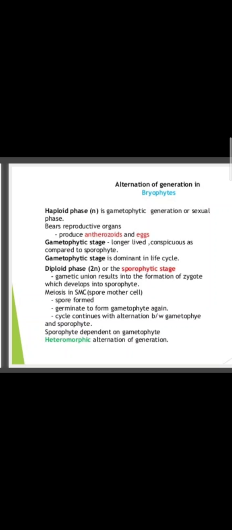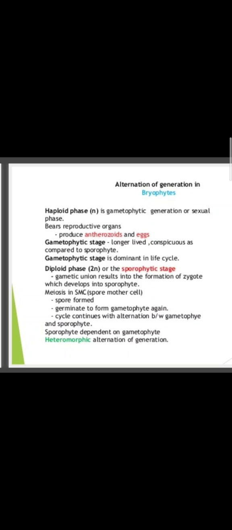The sporophytic plant body or spore mother cells will divide by meiosis. Meiosis results in the formation of spores, and these spores will then form gametophyte again. So, it is a type of alternation of generation in which both plant bodies are represented.